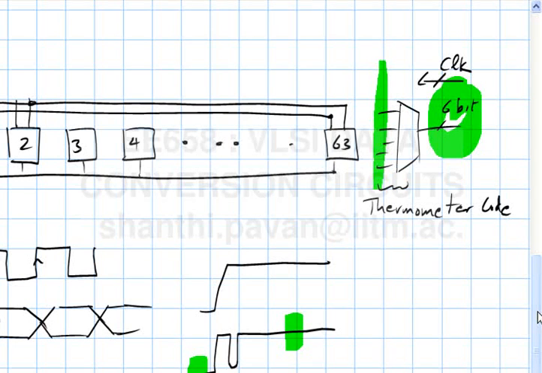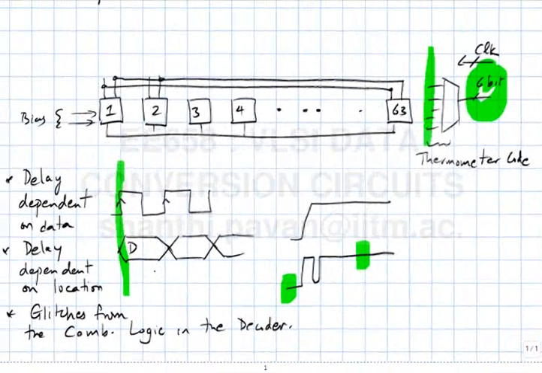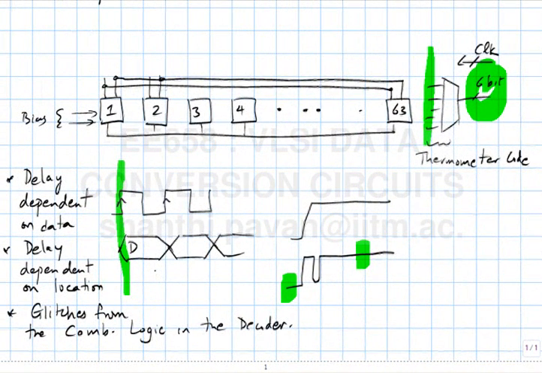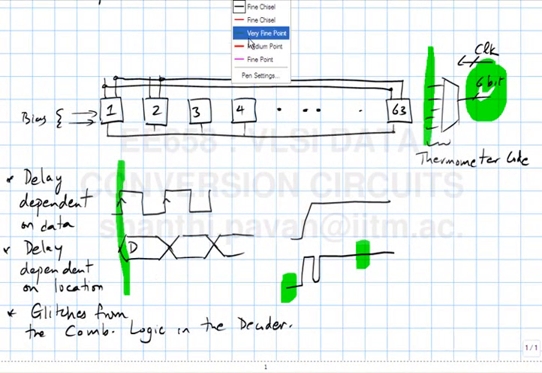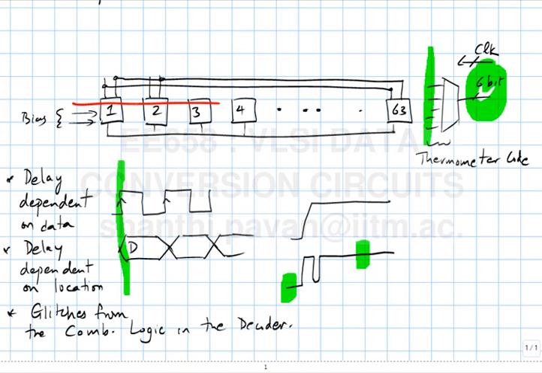One clean way of avoiding all these glitch problems is to simply propagate a clock line along the array, and what happens?